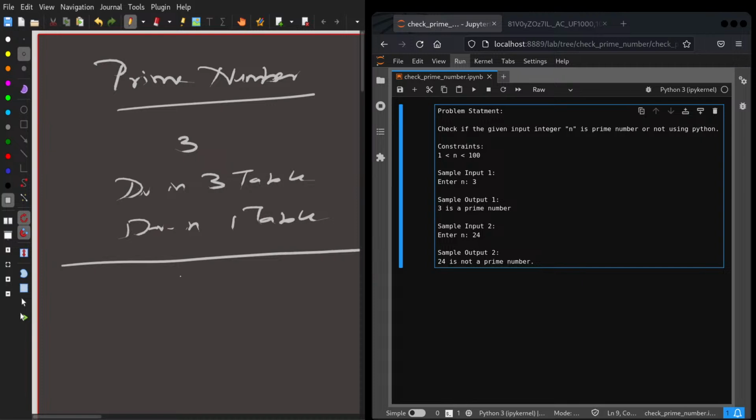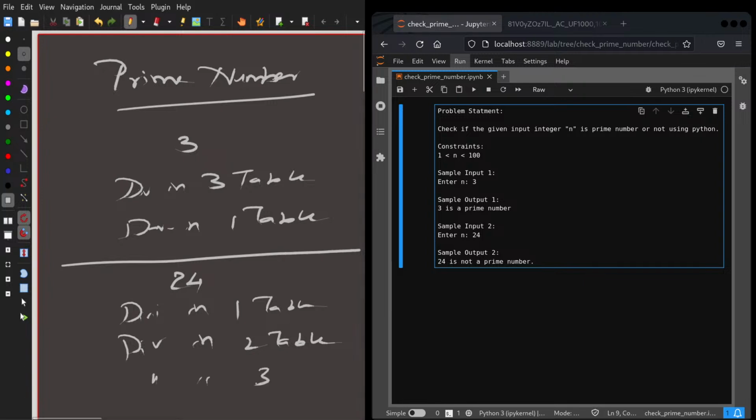Then the second input is 24. It is divisible in the 1 table, the 2 table, the 3 table, and it is also divisible in the 24 table.